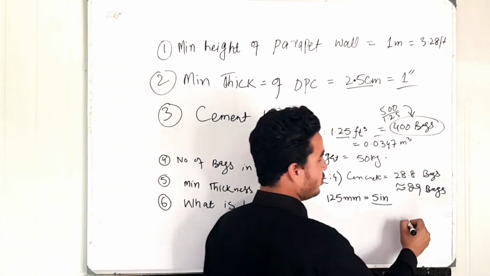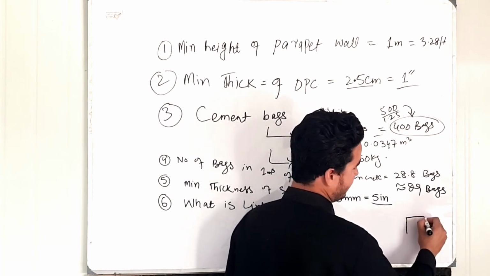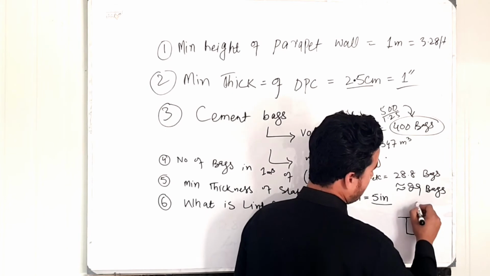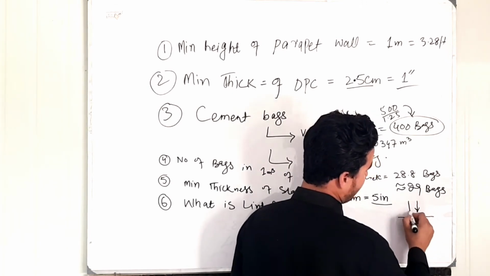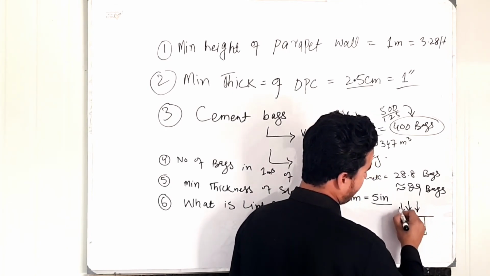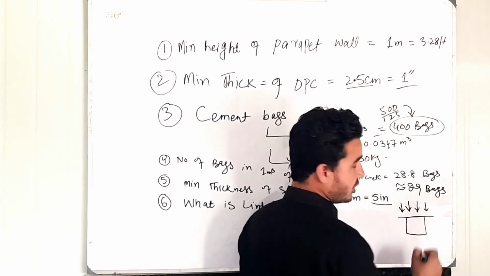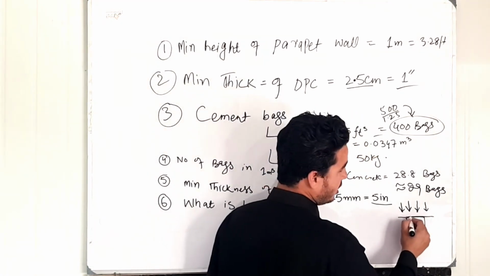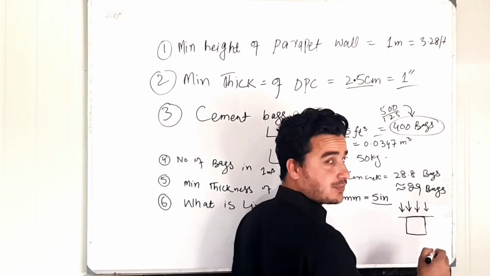Like if I am using a door here and load of brickwork is coming from this side, then I cannot apply this load directly over the door frame.